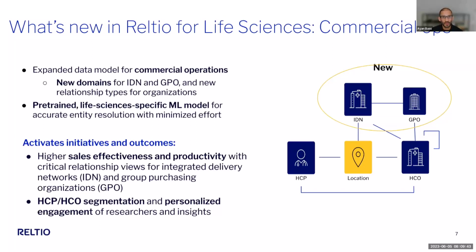So all of that rich relationship data, in addition to the data attributes and the data domains, will allow for these business outcomes to be delivered. And then overall with HCP, with healthcare professional and healthcare organization data, segmentation and personalized engagement of researchers and insights will now be powered through the addition of the commercial operations data domain.